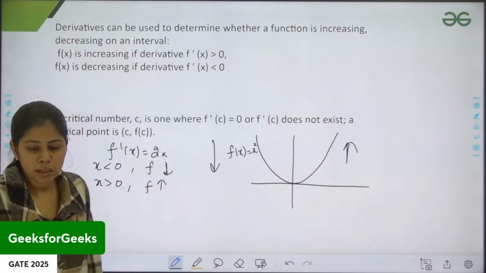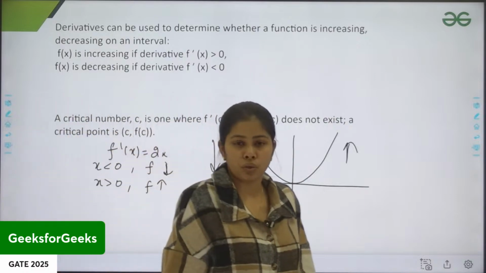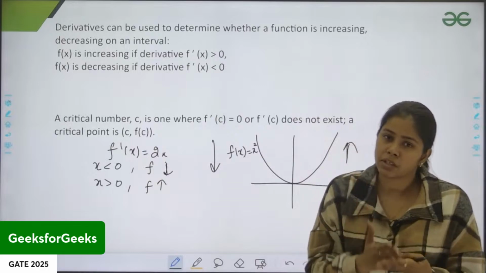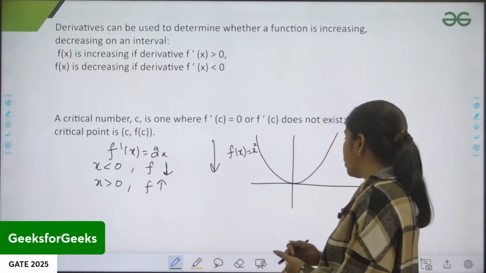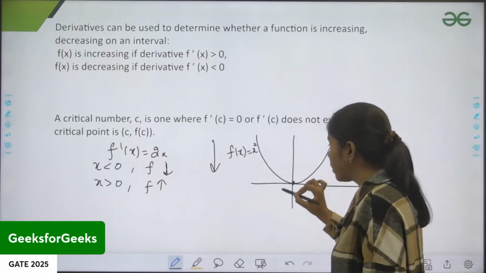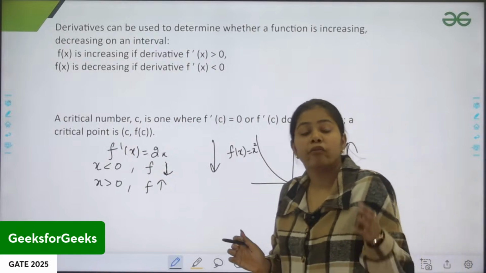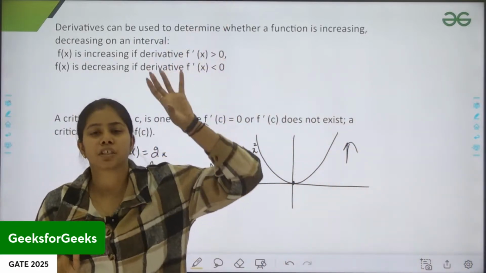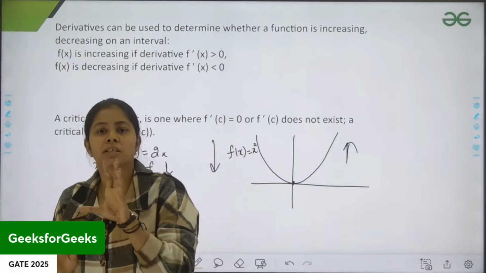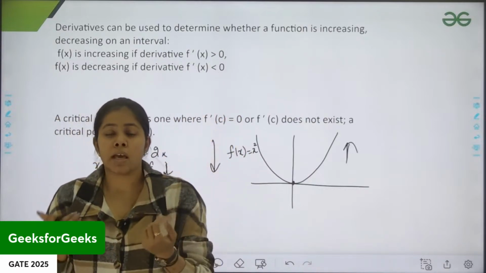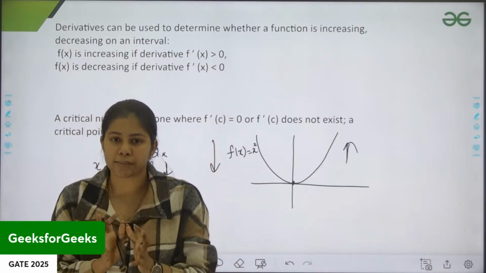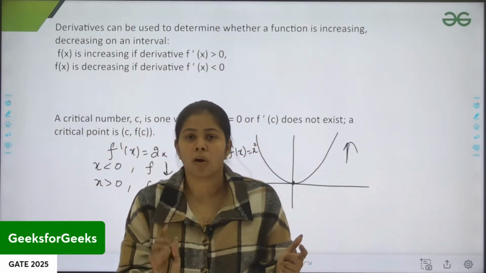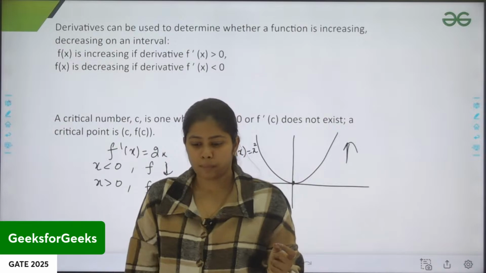So what do I mean for x is equals to 0? There should be something at x is equals to 0. On the real number line we have 0 also. So this point is called a critical point, where my increasing and decreasing behaviour changes. That means my function changes from increasing to decreasing or decreasing to increasing. Then I'll say that that is my critical point, and at that critical point either a maxima or minima would occur, right?